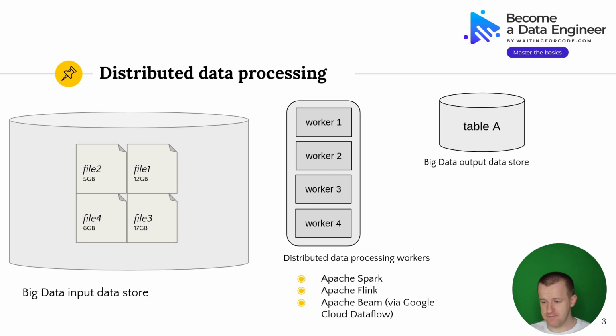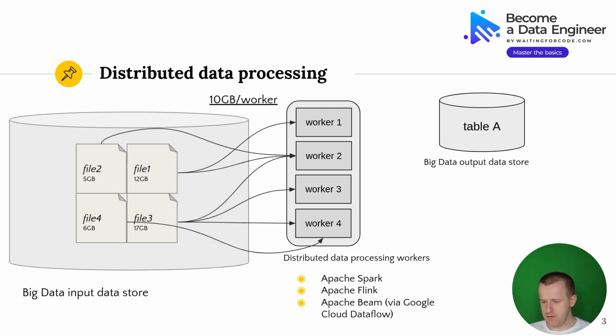So how to do that? We define a threshold of 10 gigabytes per worker, and now the distributed data processing framework will analyze the data source and distribute each file or only a part of the file to a worker. So it looks like that.